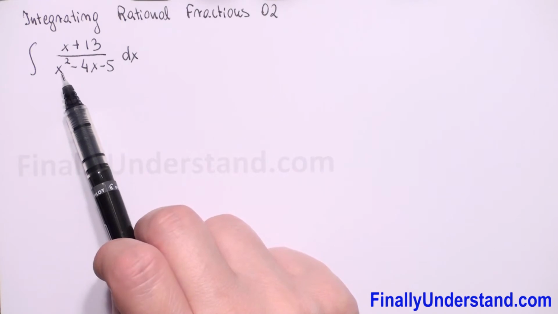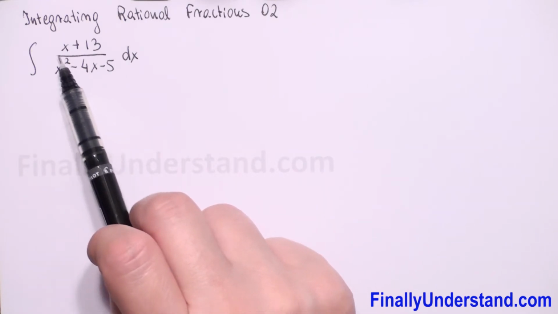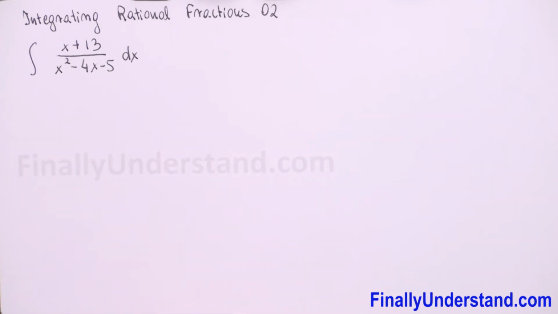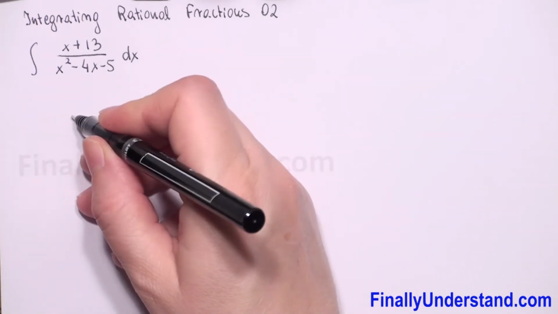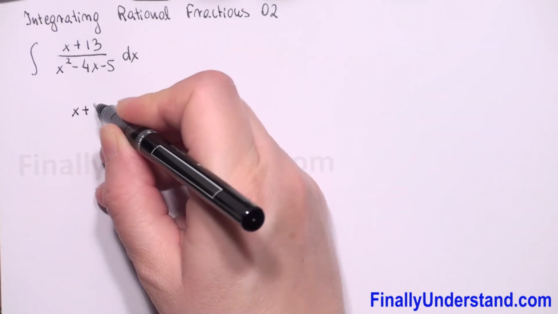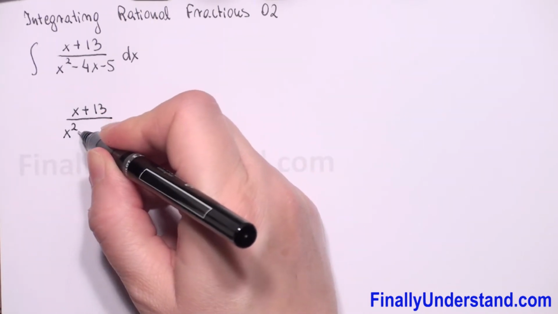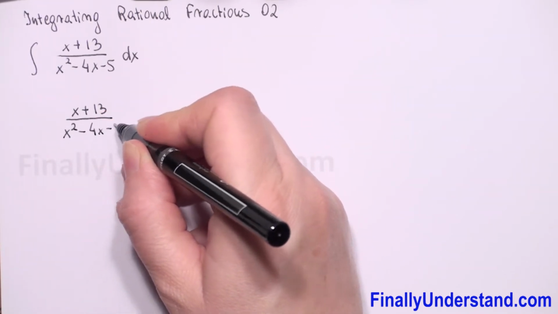The derivative of the denominator will be 2x minus 4. We have a different numerator. So next step, we can rewrite our rational fraction. Let me copy this. We have x plus 13 over x squared minus 4x minus 5.